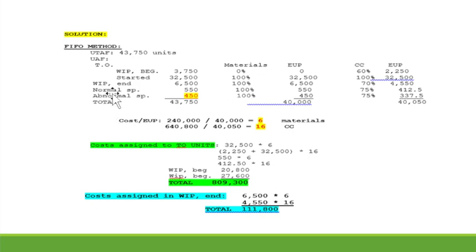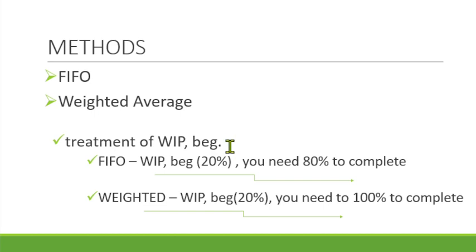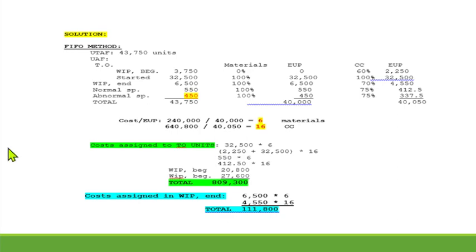Transferred out. Here we will now have a breakdown of the transferred out. Remember, we are under the FIFO method. What do I mean by that? When your WIP beginning is 20% complete, you only need an additional 80% to complete it. You just continue it. That is the logic for why we need to break down the transferred out item. So, work in process beginning, the transferred out.